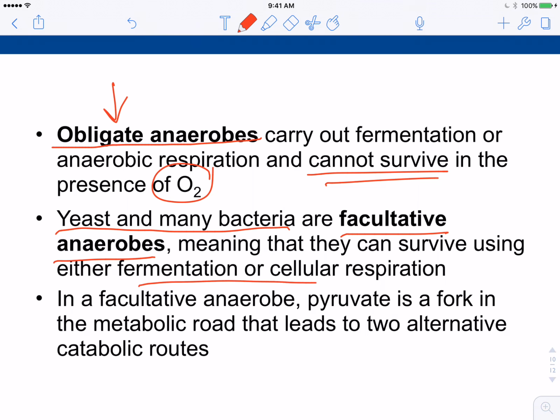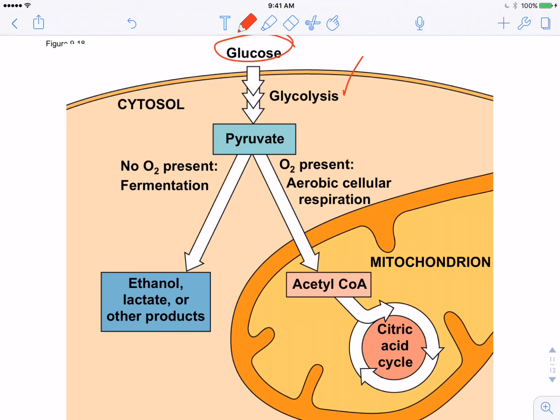In a facultative anaerobe, pyruvate is kind of a decision point in a metabolic road, a fork in the metabolic road that leads to 2 alternative catabolic routes. So if you look here, if I have some glucose, glucose always undergoes glycolysis. Every single organism living on the face of the planet uses glycolysis.